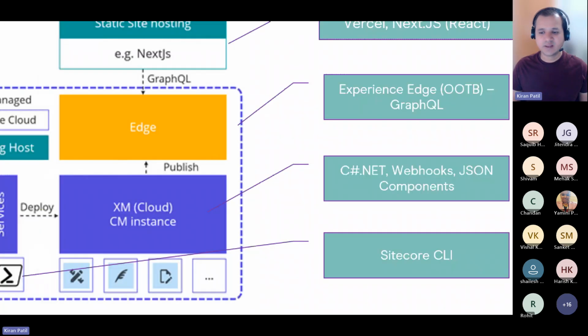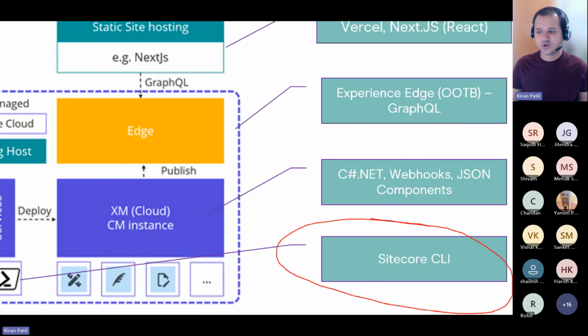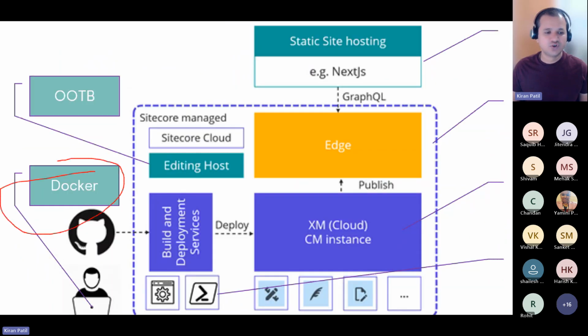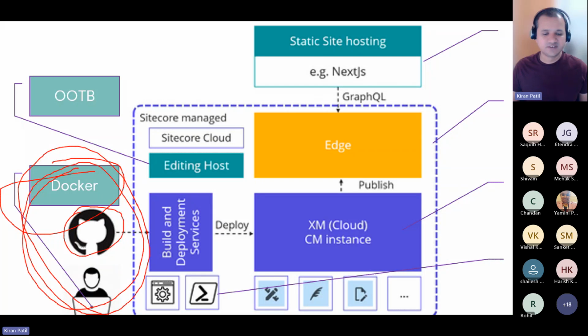Sitecore CLI can be used for a lot of automation, mainly for DevOps activities. We'll see that. As a developer, you'll be using your Docker instance locally. Your code is hosted on either GitHub or Azure DevOps. You'll be running your Docker instance, configuring your templates and JSON renderings, verifying locally, and then pushing it to the XM Cloud CM instance.